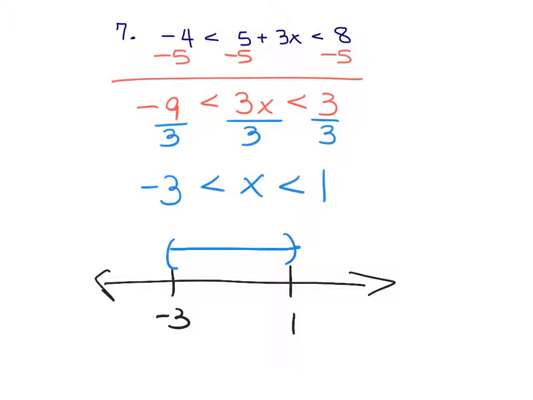The answers are any number that's in between negative 3 and positive 1, not including negative 3 or positive 1. Interval notation is just the 2 numbers on the ends. Put them in least to greatest.